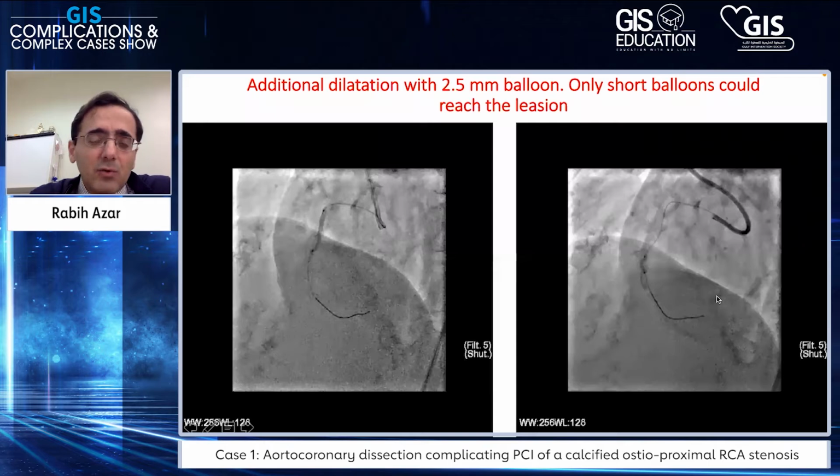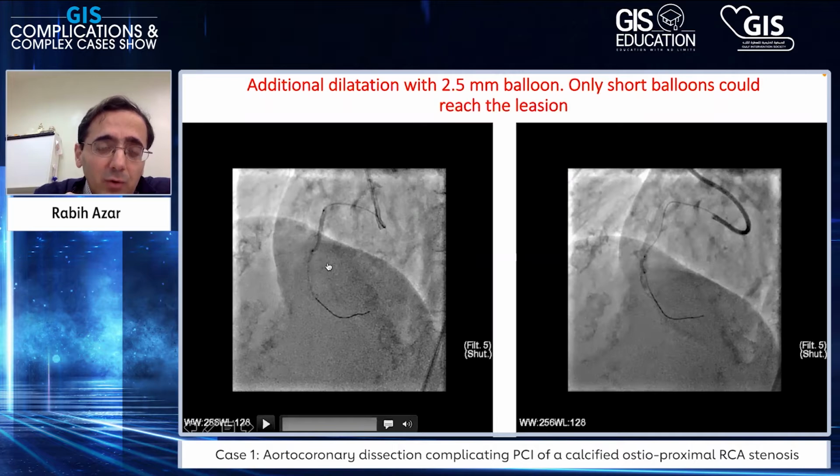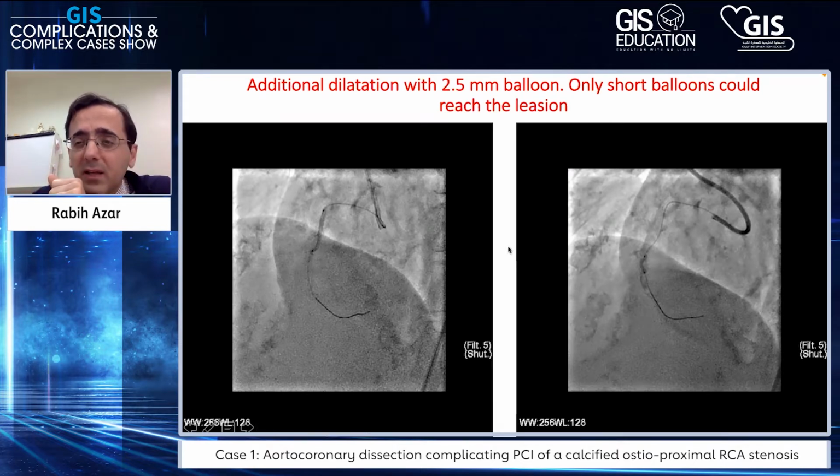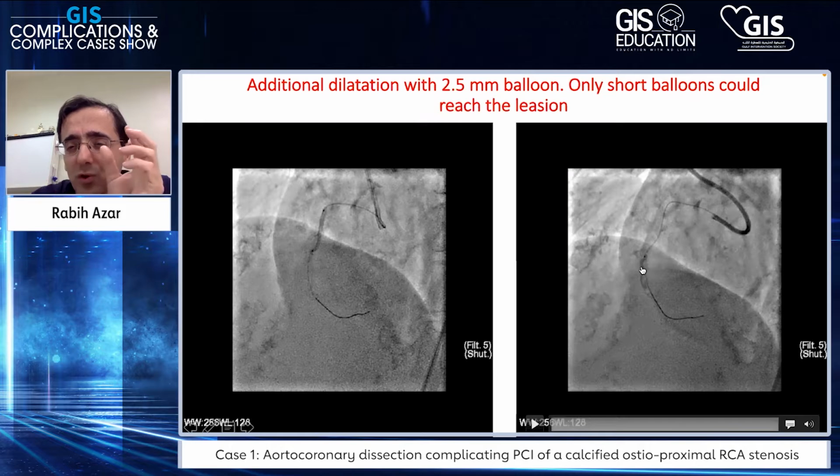And this is a 2 millimeter by 15 millimeter balloon. As you see, I could not get it into the distal part of the lesion. And you see here how my catheter is all the way out despite the support that I had. And finally, I had to take a much shorter balloon, a 2 millimeter shorter balloon.